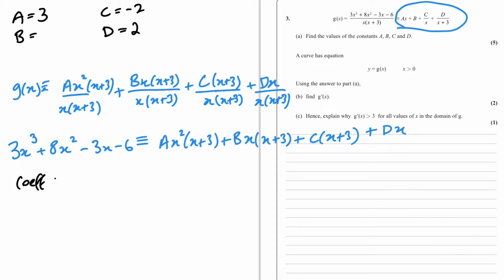Easiest to find b is looking at the coefficients of x squared. So on the left I've just got 8 in front of the x squared.